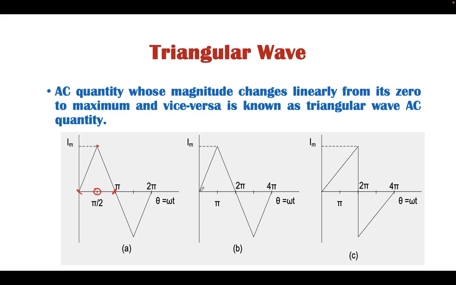The second triangular wave is taken from 0 to 2 pi, with the maximum value at pi. The third function is again 0 to 2 pi, with the maximum value at 2 pi. Considering these three different representations of the triangular wave, their peak value, RMS value, form factor, average value, etc. can be analyzed.